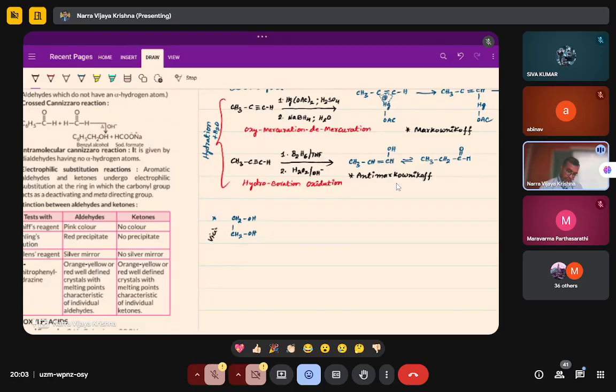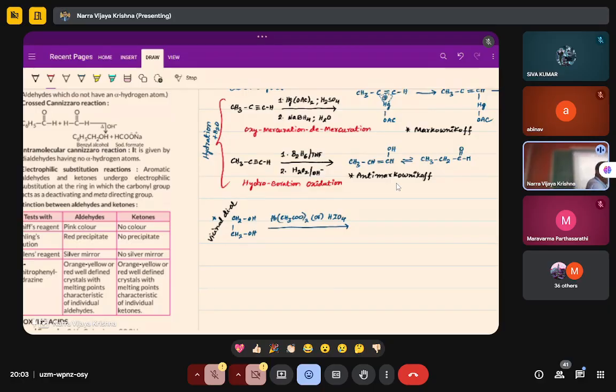So vicinal diol. Correct? This on oxidation with lead acetate or HIO4. In both cases, if we have oxygen on adjacent carbons, that carbon-carbon bond will break.